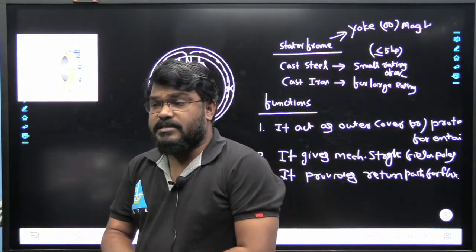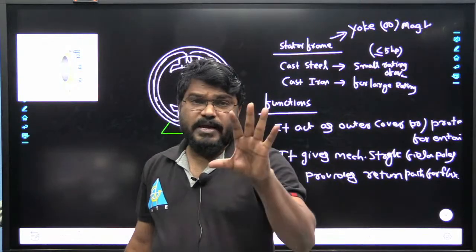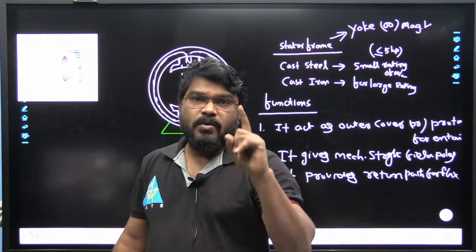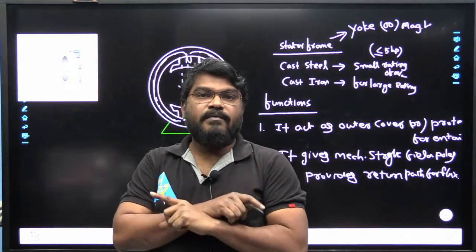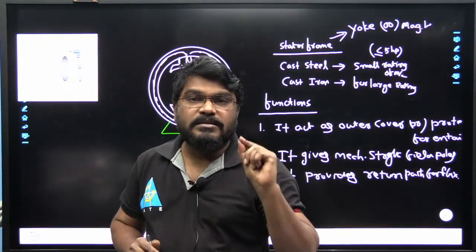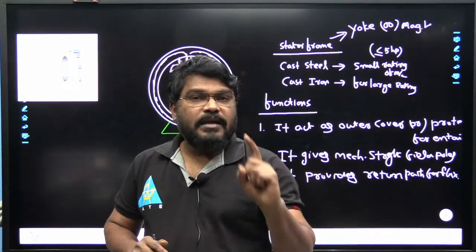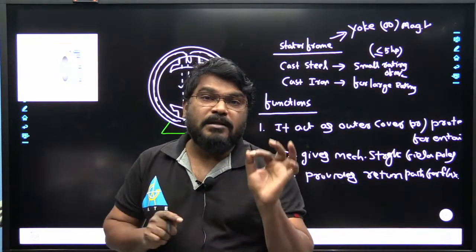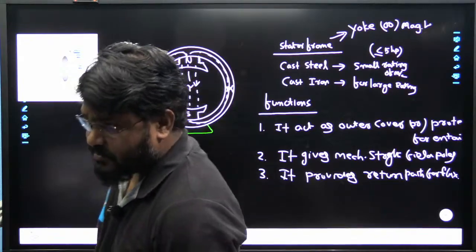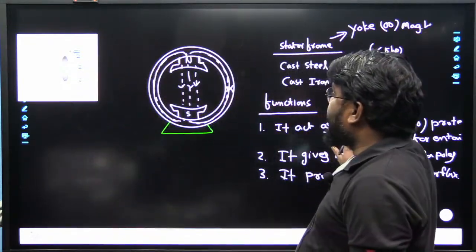Mechanical strength, that's correct. So in the case of the DC machine, the stator frame has three functions. One is to act as a protecting cover for the entire machine, second it gives mechanical strength to the field poles, and third it provides the return path for the flow of the flux. Is that clear?